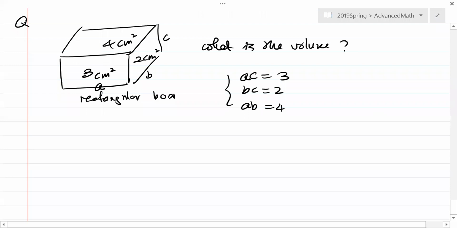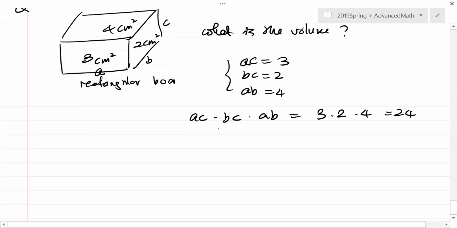So then, if I ask you to find each individual value, that's fine. All you have to do is not add them together. This time, multiply them together. Okay? So AC, BC, AB is going to be 3 times 2 times 4. So this is 24. But AB times BC times AC is going to be ABC squared.